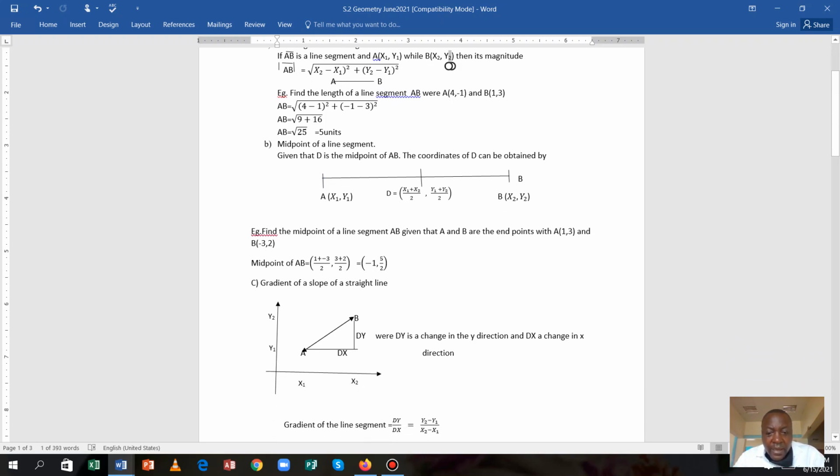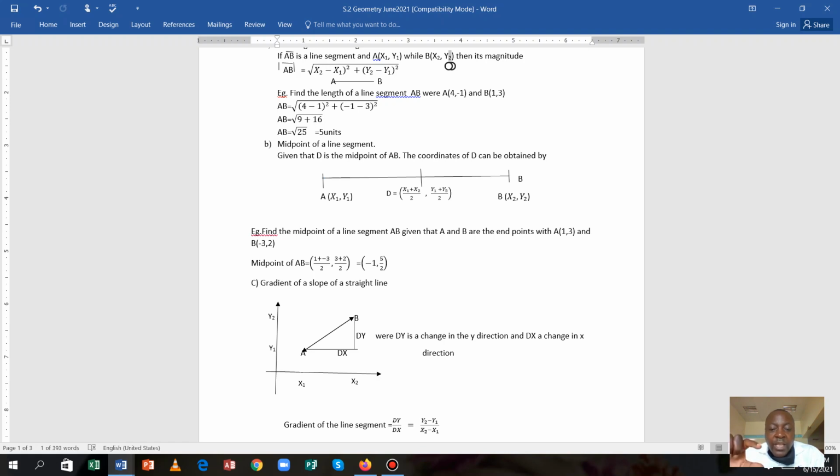So when we look at the diagram, we are seeing that we have a point A and a point B. If we are to move from A to B, we shall have changed through two directions. We shall have a change in the x direction and we shall have a change in the y direction. In the x direction, we are moving from x1 to x2, and in the y direction, we are moving from y1 to y2.